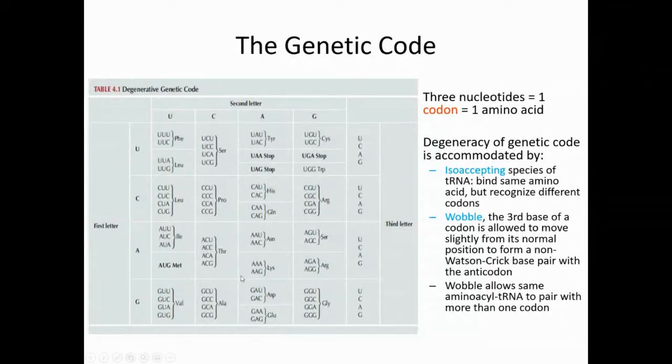And that's the reason why you can have more than one codon encode one amino acid. As you can see here, GCU, GCC, GCA, GCG, all these 4 codons only differ in the third position, the third base of the codon. This third base is different, but they all code for alanine, all right?